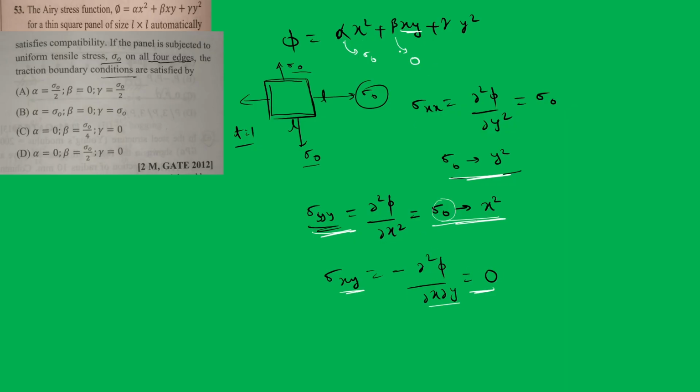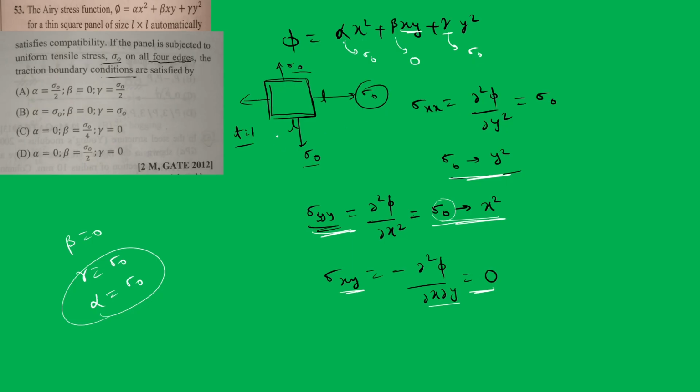So beta should be 0. Then gamma is the function of y square, so again this should be sigma naught. So beta should be 0, gamma should be sigma naught, and alpha should be sigma naught.